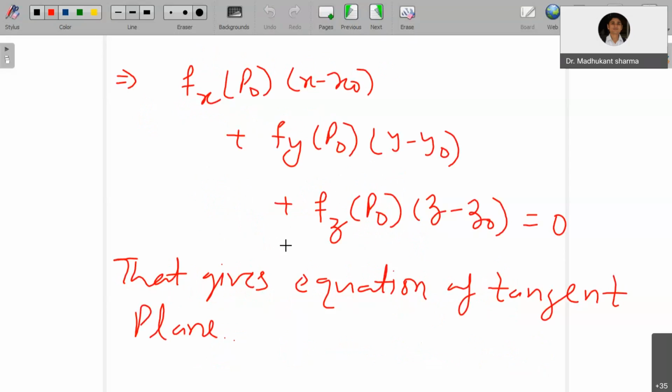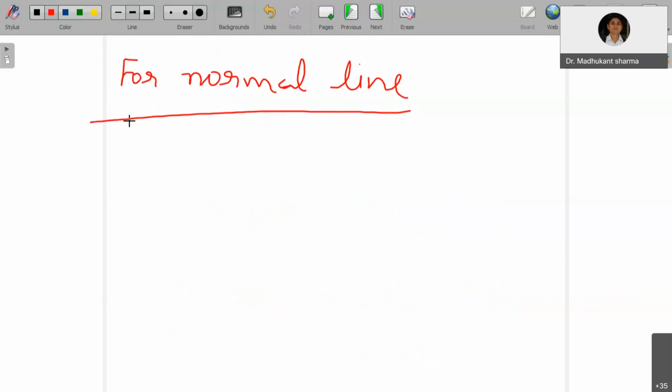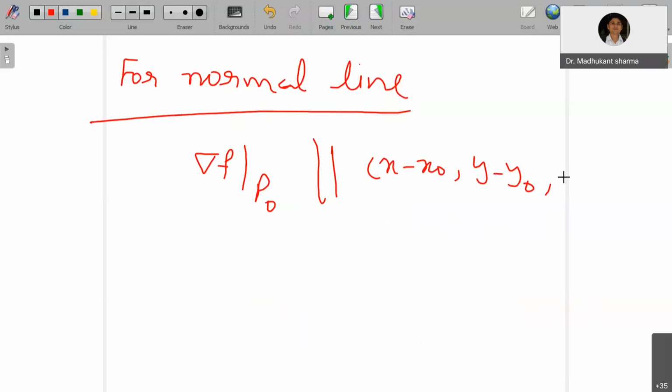So for the normal line, you choose the vector grad f at p naught, which is parallel to the line x minus x naught, y minus y naught, z minus z naught. Any line which is parallel to this direction.